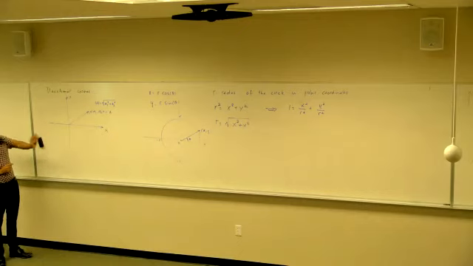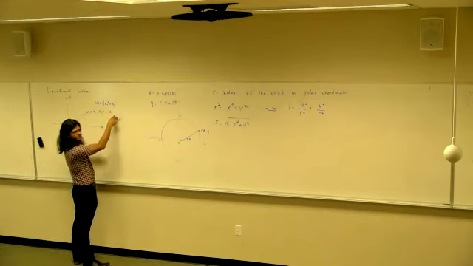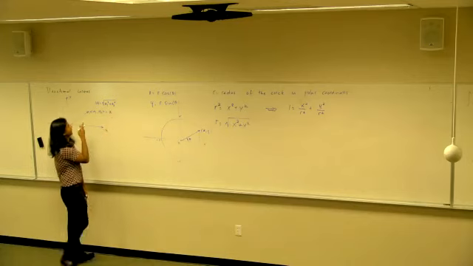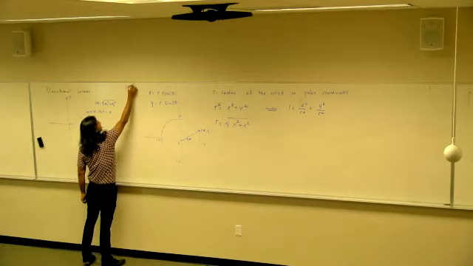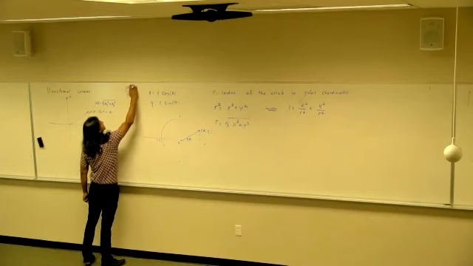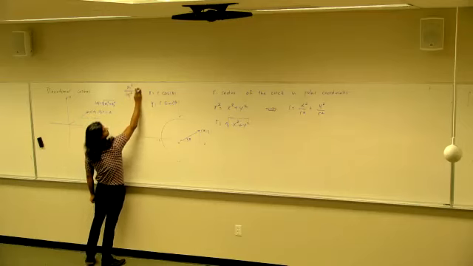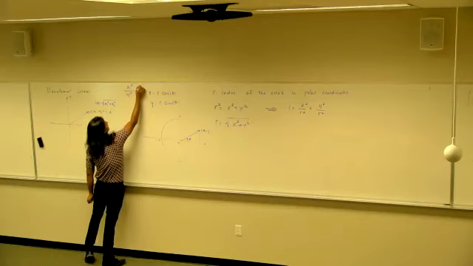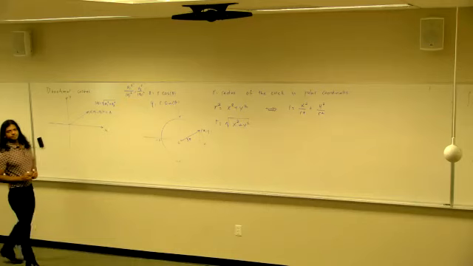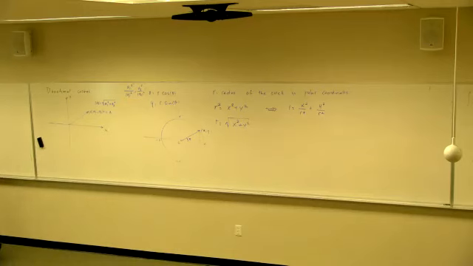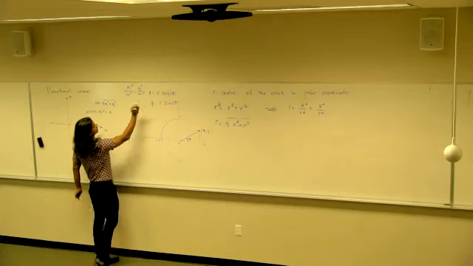Which in this case I can rewrite as a1 squared divided by the magnitude of A squared, plus a2 squared divided by the magnitude of A squared.